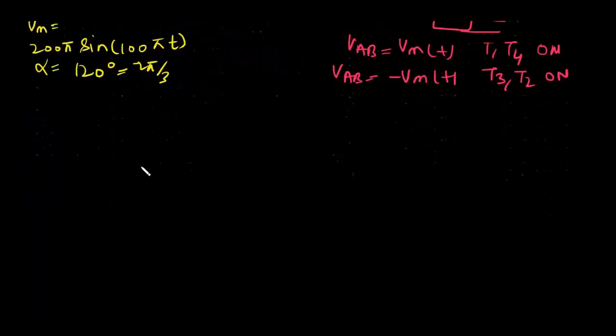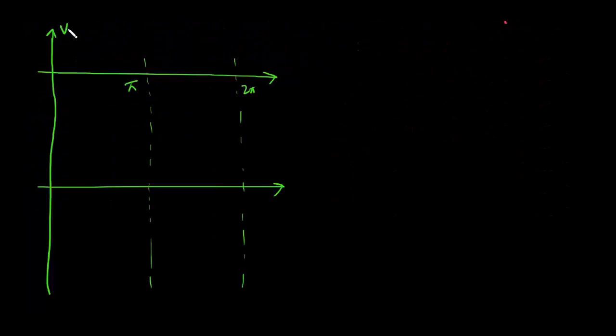So let us go and draw some waveforms. First I will draw Vm and minus Vm, that is the input voltage source. It is a sinusoidal voltage source. So minus will be the negative of it. This is minus VmT.